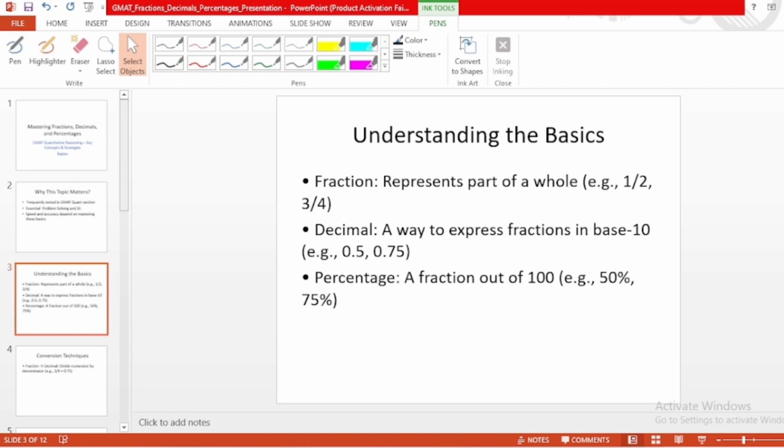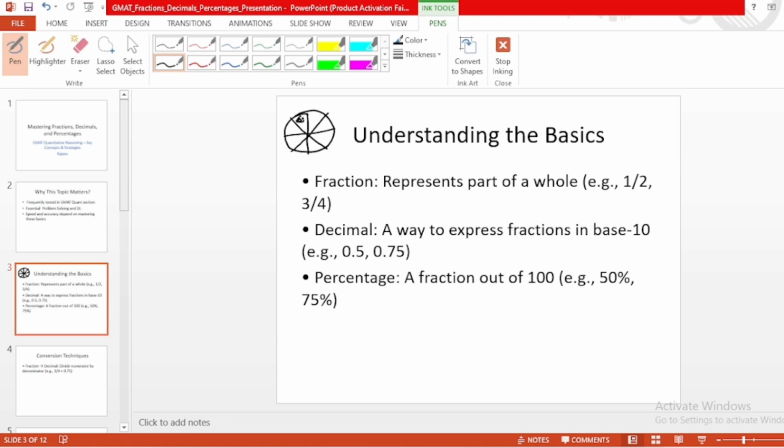So, understanding the basics. A fraction represents part of a whole. We'll understand what a fraction is, what a decimal is, and what a percentage is. We'll just do a recap of our school knowledge. So, fraction. If you remember, we draw a circle. This circle represents a pizza, and we are cutting it into 8 parts.